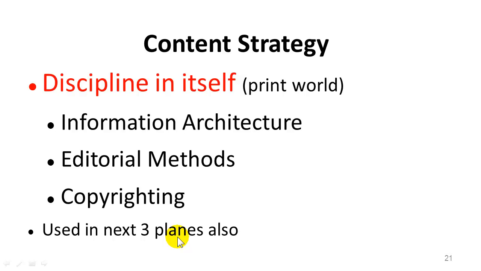We do this before we write the HTML, and we copy and paste it in, or whatever tool you're using. Content strategy is actually a discipline in itself in the print world, and it's becoming more so also in the web. You might hear terms like information architecture, editors, copywriting. This is all part of this discipline called content strategy, and it is used in the next 3 planes also.